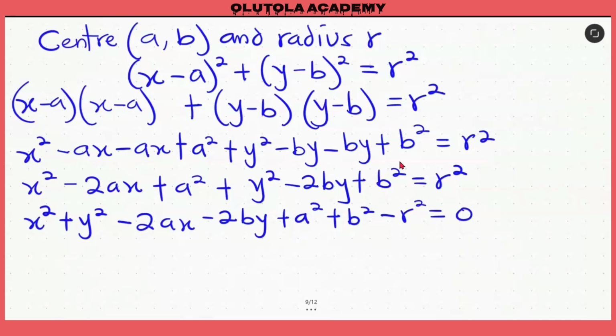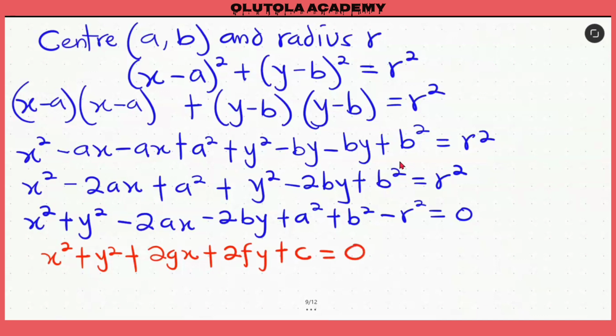So this equation can be further written as x squared plus y squared plus 2gx plus 2fy plus c equals 0. What I have done is that I have taken all of this as my c. So my c is a squared plus b squared minus r squared.